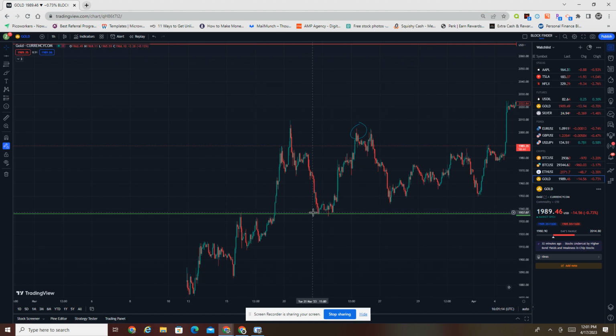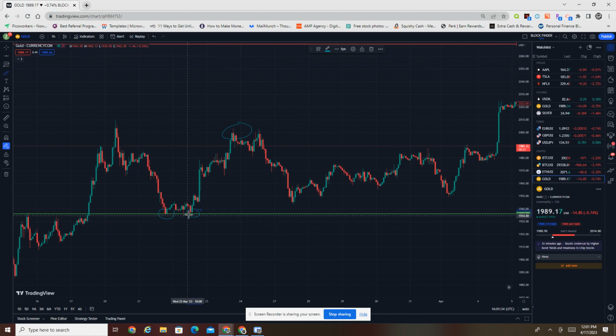Now, the reason why I marked this zone out is because I saw that price pivoted here. Price also pivoted here. It came down a little bit with this wick, but not significantly. And you can also see that price had pushed up high off of that wick.